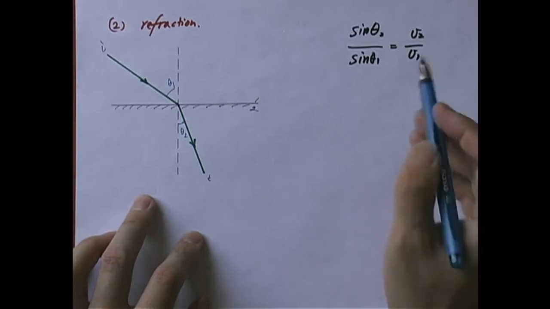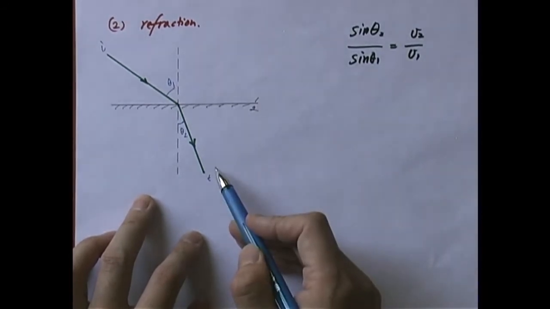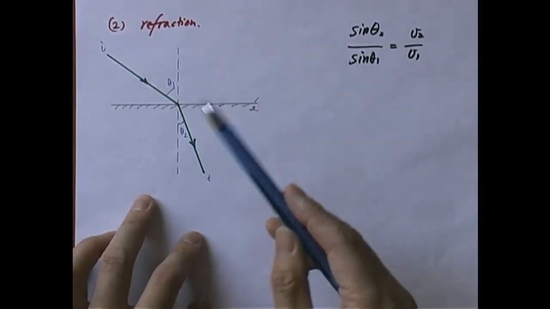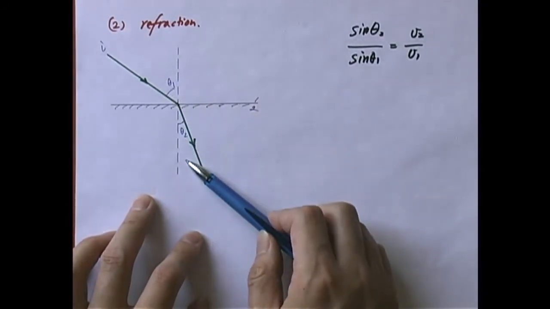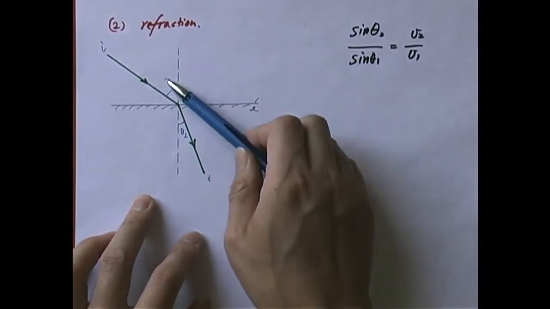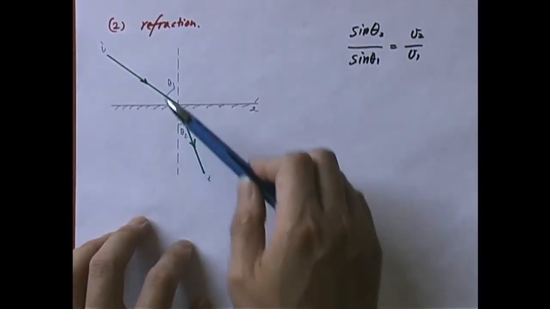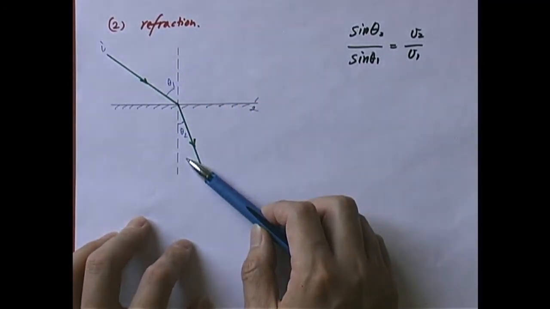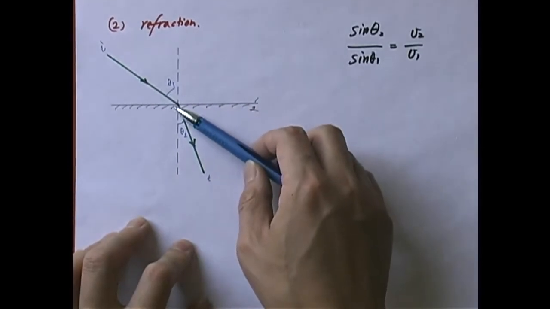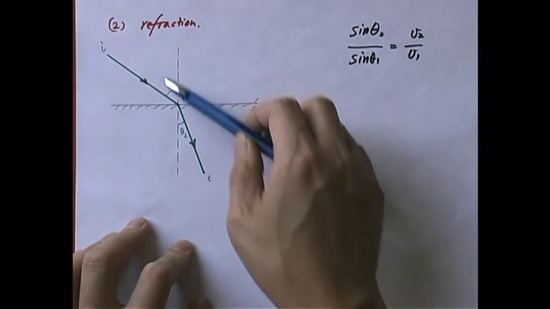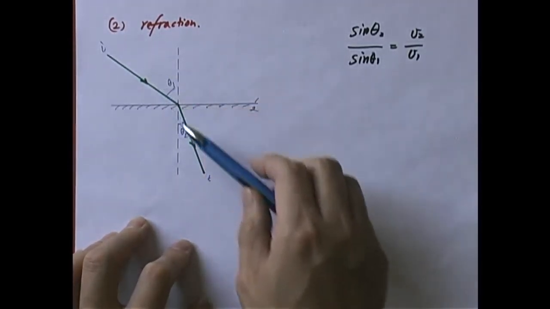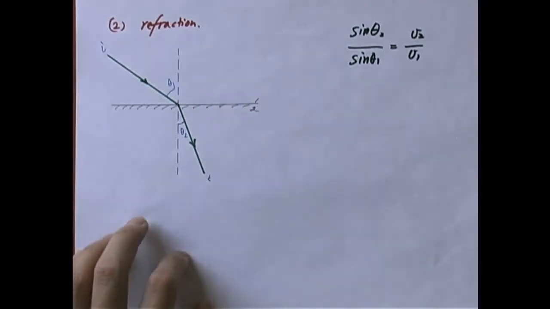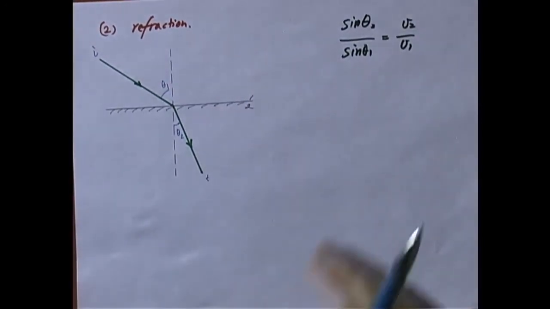And this tells us that if light travels from air to water, then theta 1 will be greater than theta 2, because light travels in air at a speed that's greater than the speed it travels in water. If it's from water to air, then this angle will be smaller and that angle will be greater.